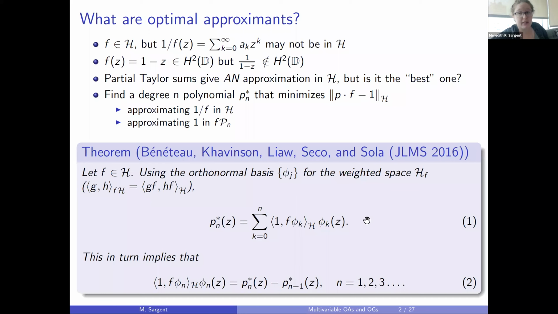In fact, I could gather my orthonormal polynomials by looking at differences of my optimal approximants. So there's this nice back and forth relationship between the two. Of course, this depends on f phi n being nicely behaved, but hypothetically, this could work.